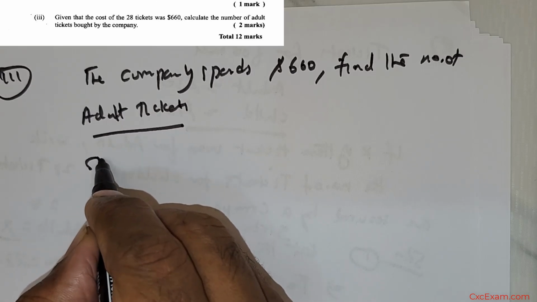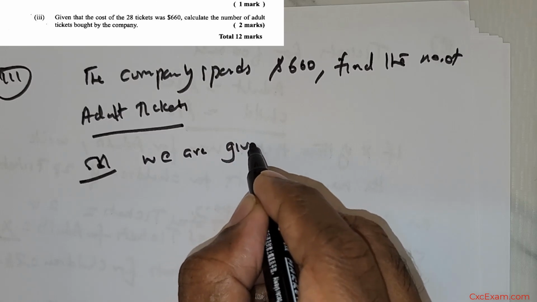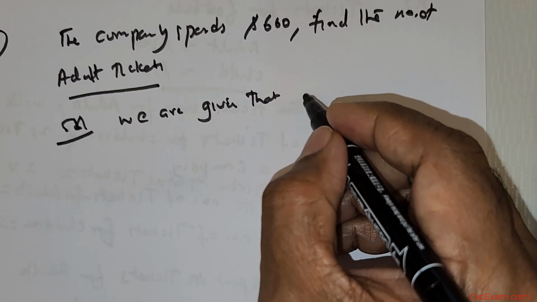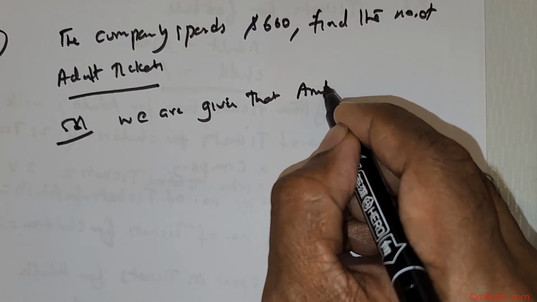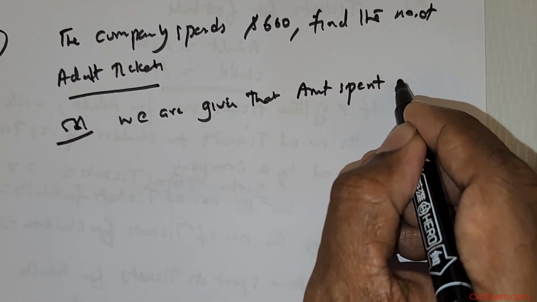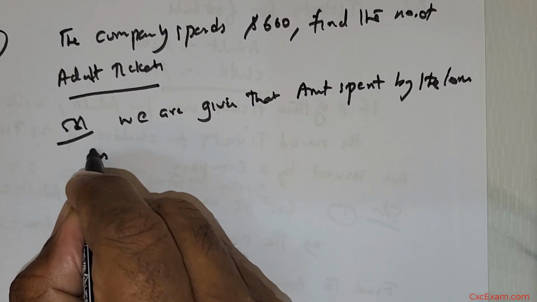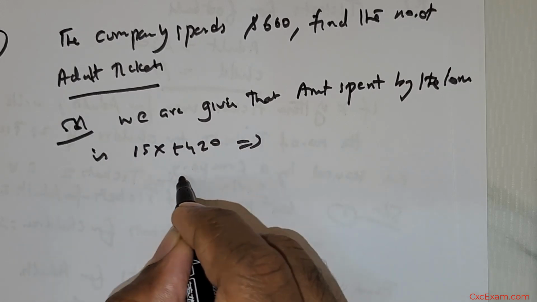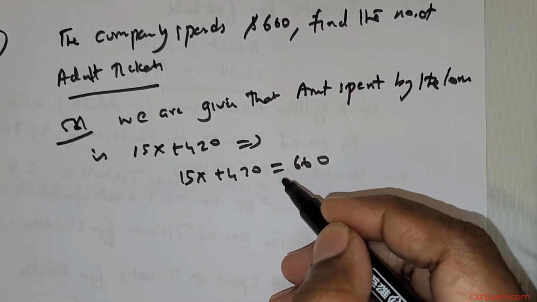Now solution, I'm going to state we are given that. What is that we have given? We are given that the amount spent by the company is 15x plus 420. So this means 15x plus 420 is equal to 660.